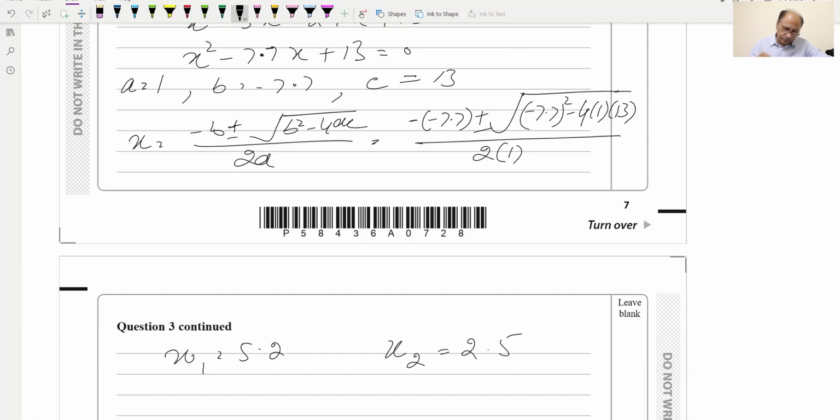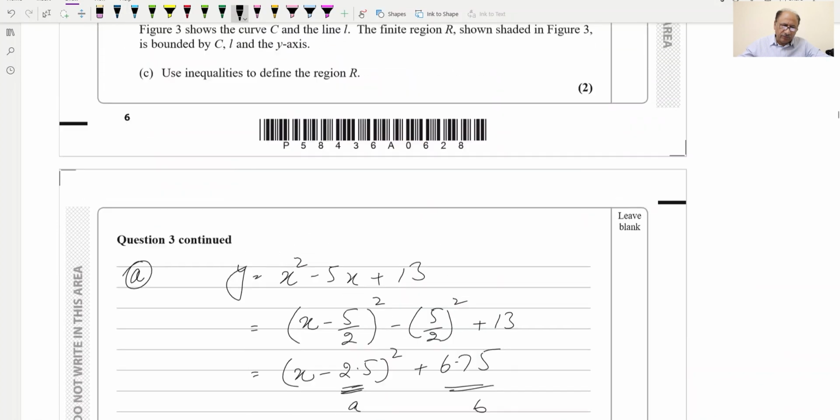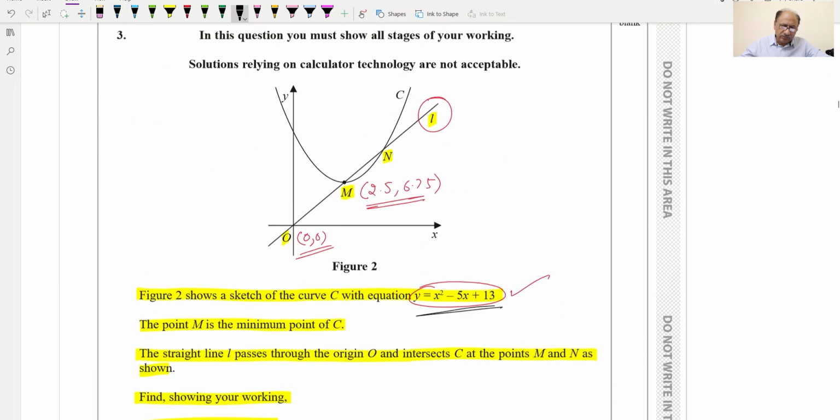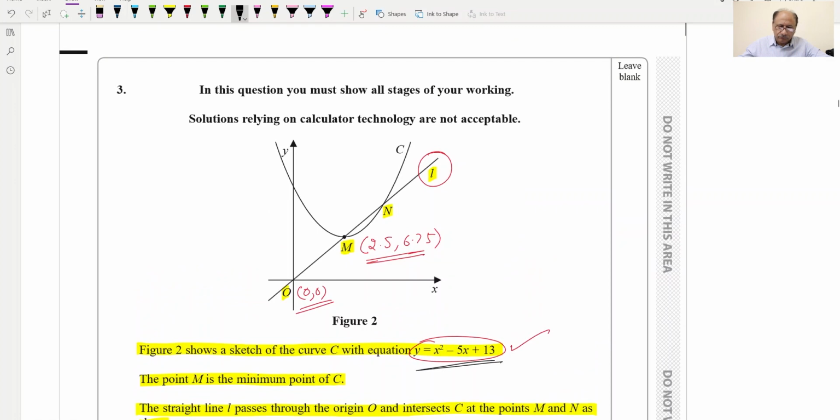Now what we can do next: we got two values, 5.2 and 2.5, and if we check this point of intersection from the diagram, 2.5 is the x coordinate of M, so N will have 5.2 as its x coordinate.